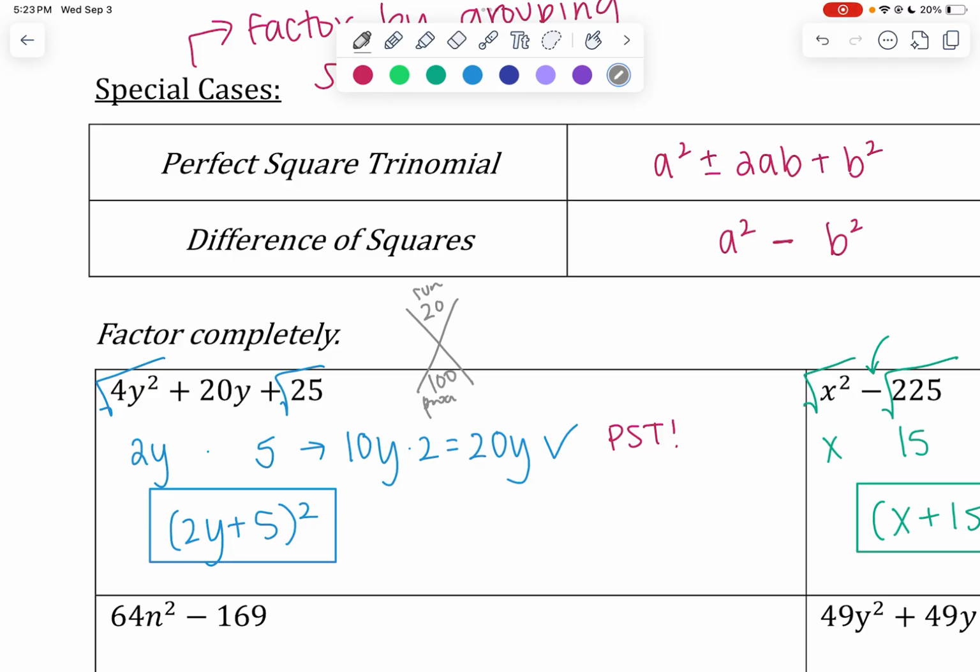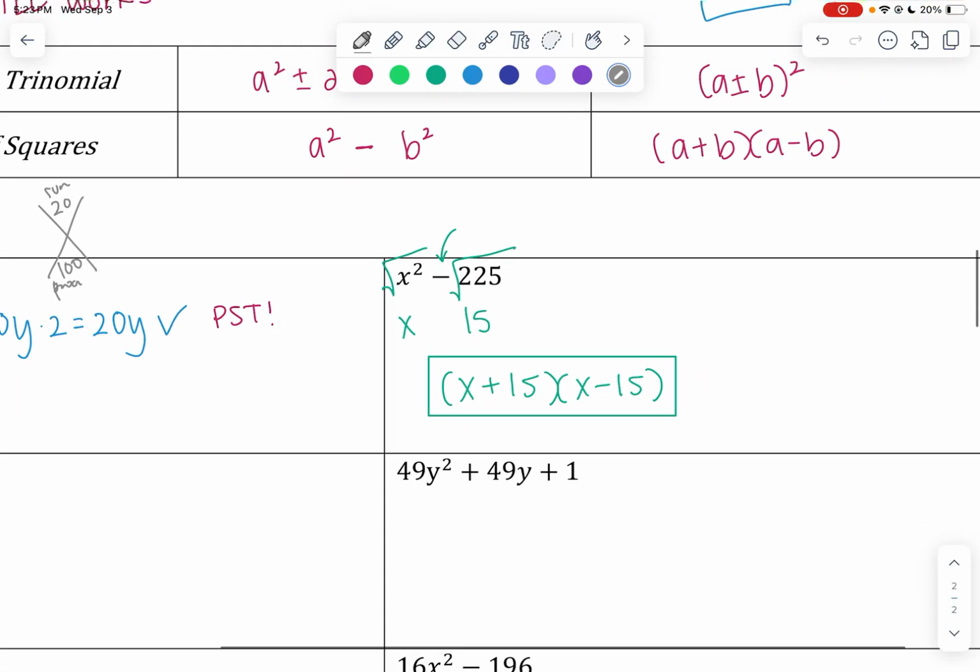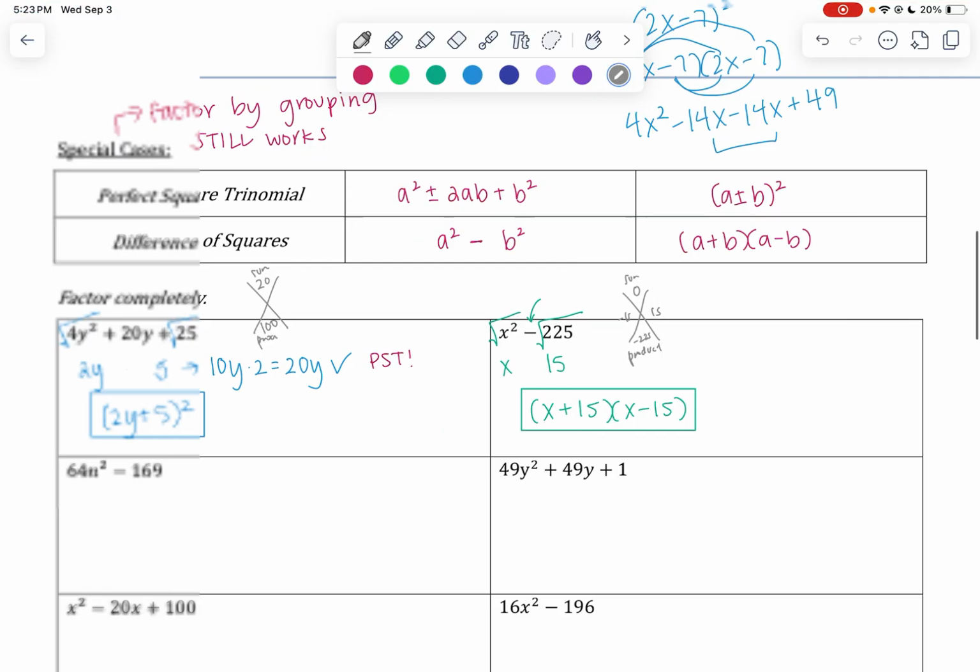And then you would go through the whole factor process, and it would just take a little bit of time, okay? Over here, this would be a sum to no middle term, so 0, and your product would be negative 225, so you get negative 15 and positive 15, you're still going to come out to the same thing, but if you catch that they're a perfect square trinomial, or like this one, a difference of squares, it's just going to save you the time and the energy instead of factoring the whole thing.